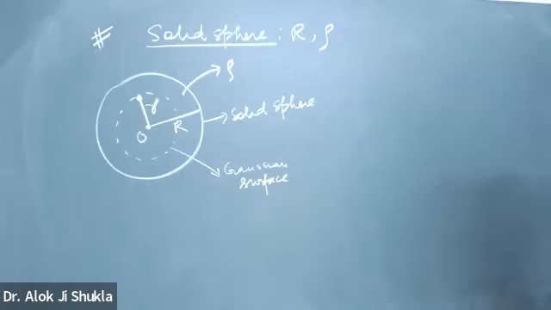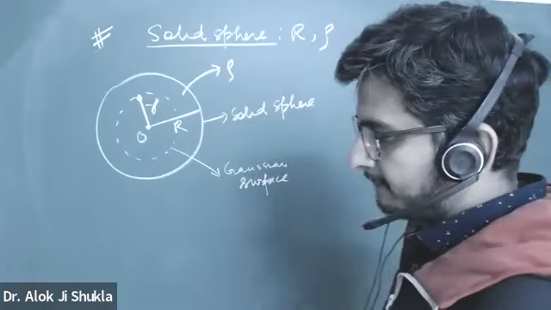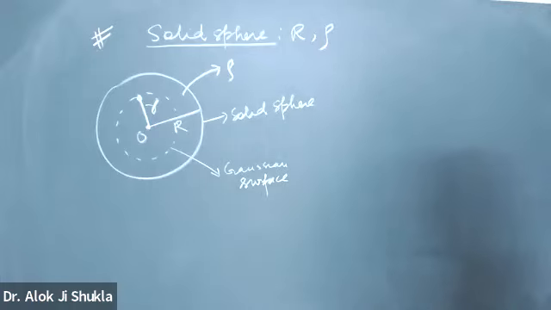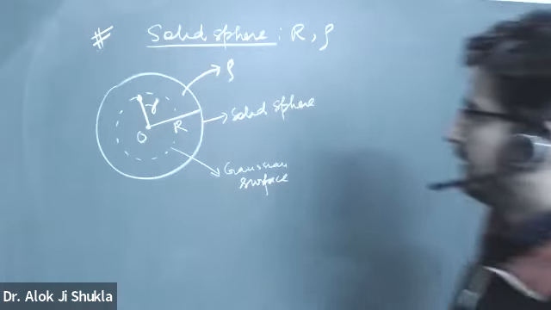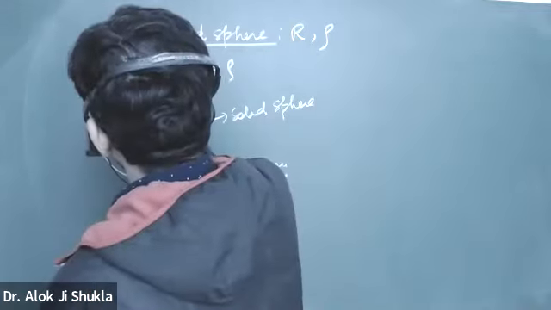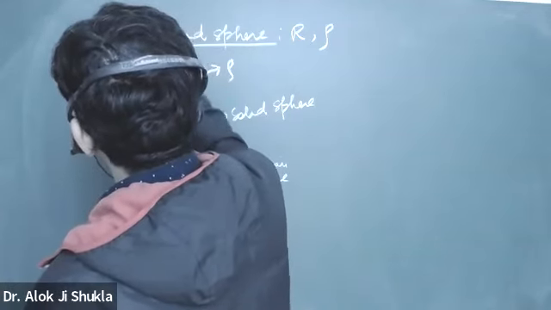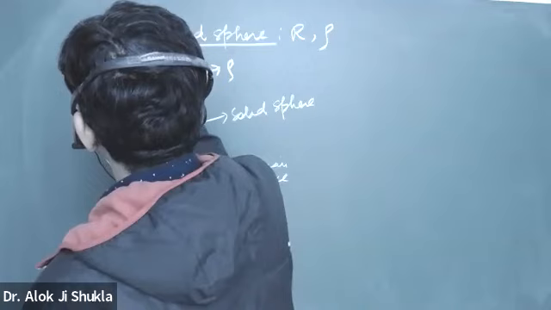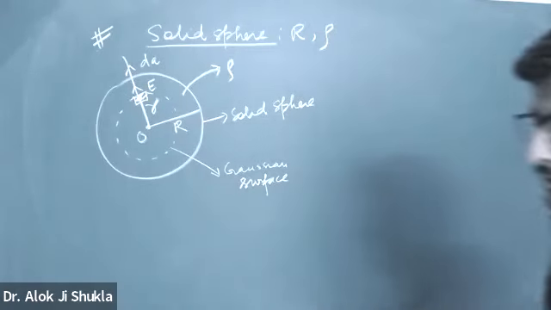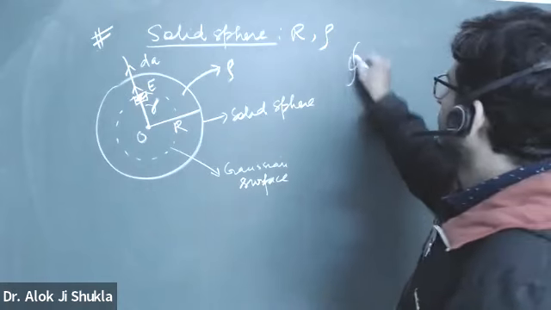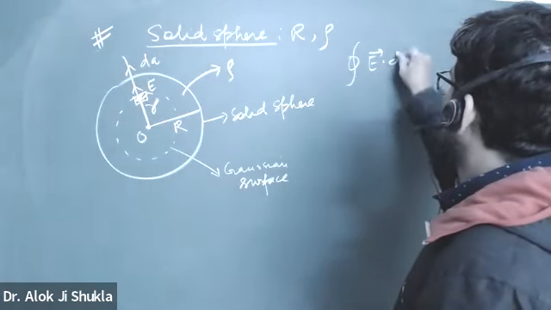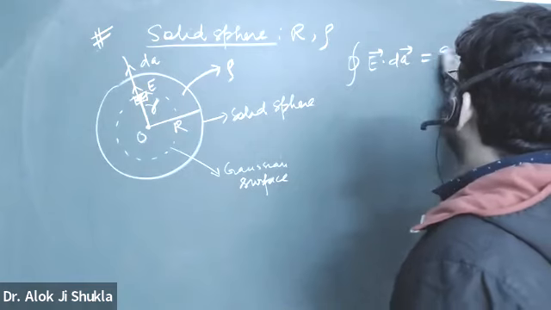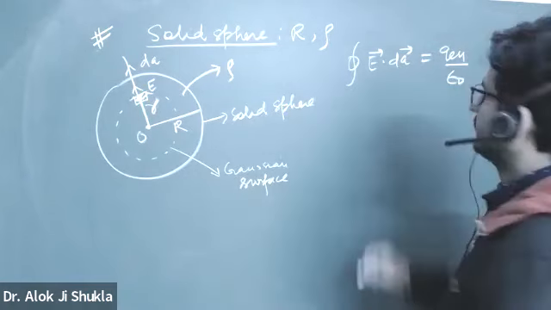ठीक है? So again, at this point, take a small area dA, and the field will also be in the same direction. So if you write integral E dot dA, it will be Q enclosed over epsilon naught.